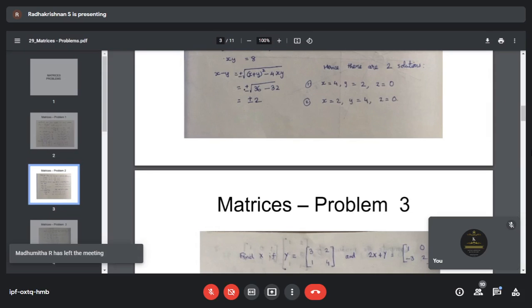Since y is given and 2x plus y is given, if you subtract y from that, you will get 2x. Once you know 2x, we can determine x by dividing by a scalar, which means every term should be divided by 2. So first you determine 2x, then you determine x.